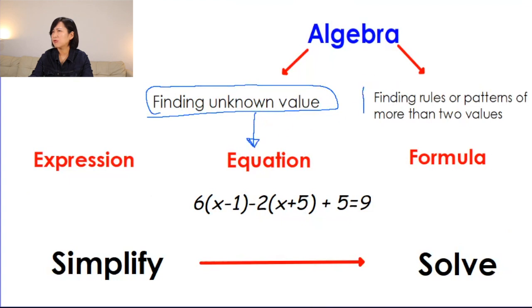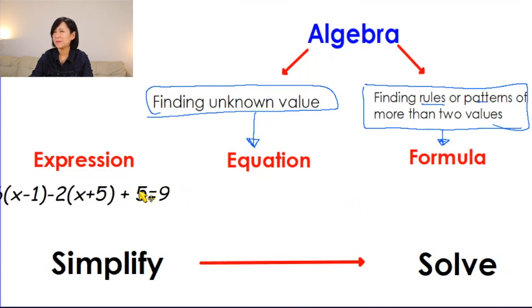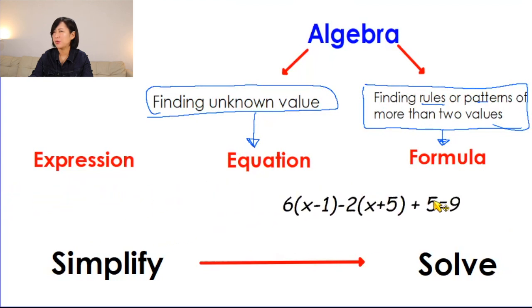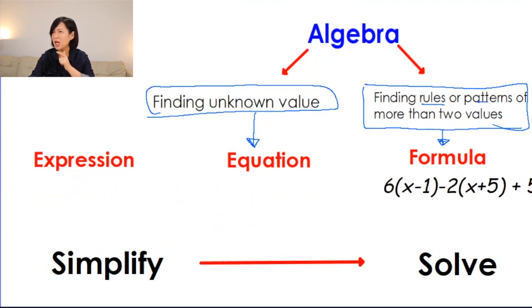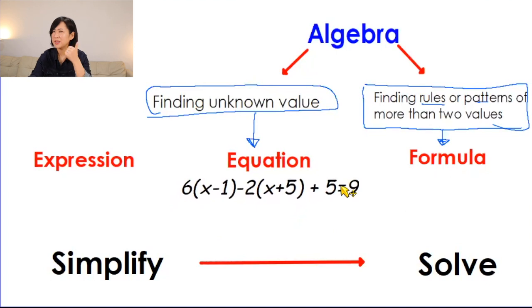And then finding rules, patterns, and relationship of more than 2 variables, that is talking about the formula. So now I've got an example here. Do you think it's an expression or equation or formula? What do you think? Yes, this is definitely an equation. Why? Because it has got equal sign and it has got 1 variable.